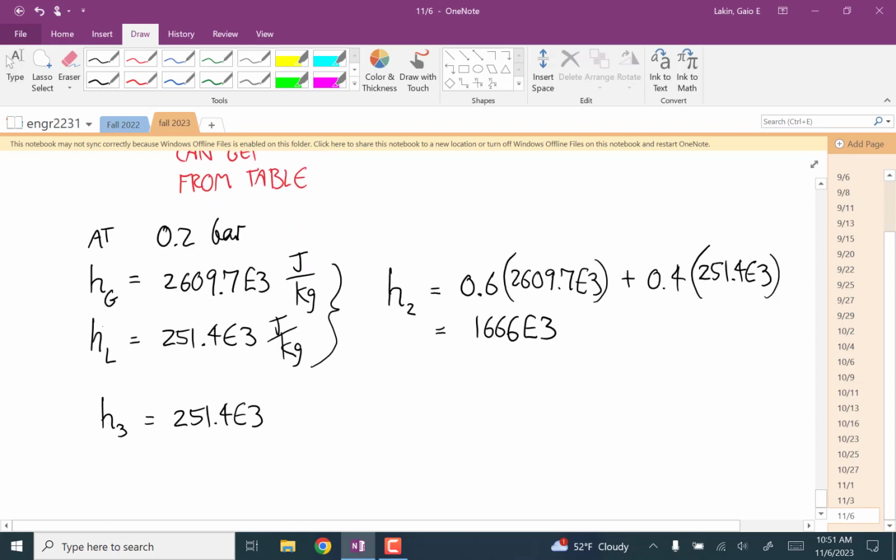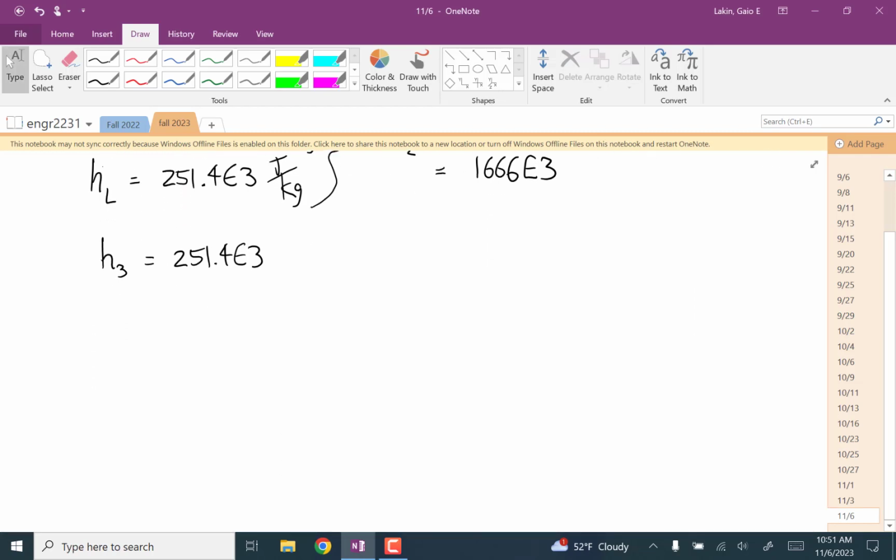And now what can we figure out about the enthalpy for the cooling water? Well, we're assuming that that's incompressible, and that gives us a lot of ability to calculate stuff.